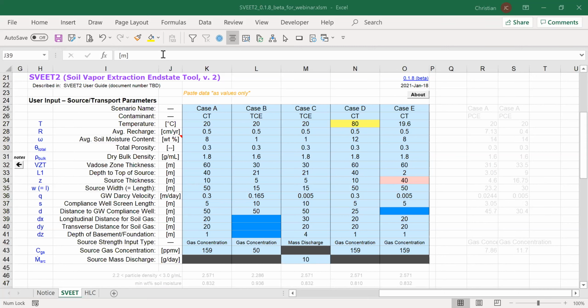Because if the goal of the applied vacuum is really to stimulate recovery of liquids, I'm not sure that there's going to be a lot of applicability there. But can you reread the question? Sure thing, no problem. Where there are small quantities of water and you are operating vacuum enhanced recovery, could SVEET help with closure decisions on that approach of effectively an SVE?